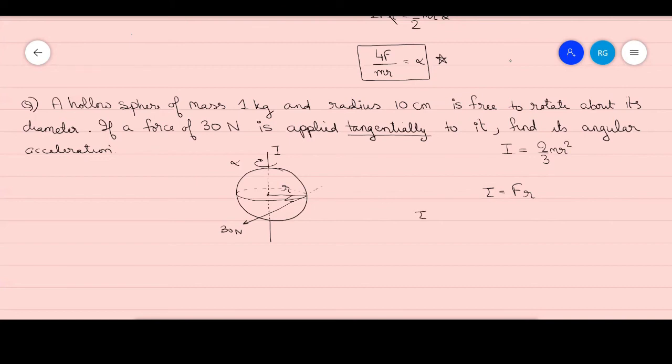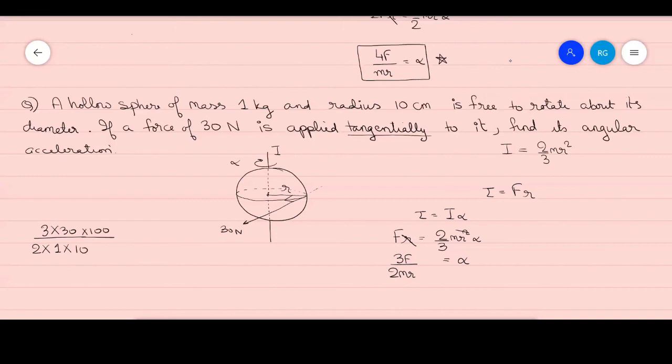Now torque is equal to I alpha. So torque is F into R, I is 2 by 3 mr square, into alpha. R and R will get cancelled. So alpha will be 3F upon 2mr. So it will be 3 into force, which is 30 newtons, upon 2, mass is 1 kg and radius is 10 centimeters.